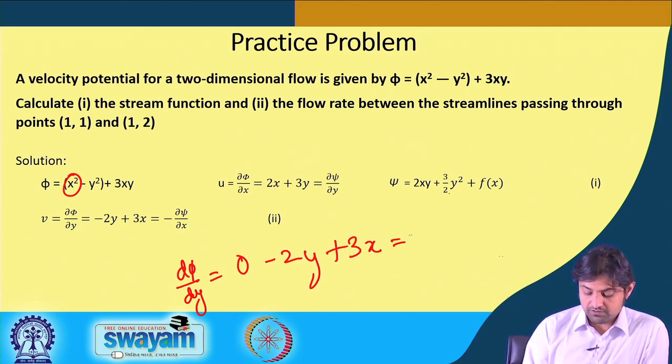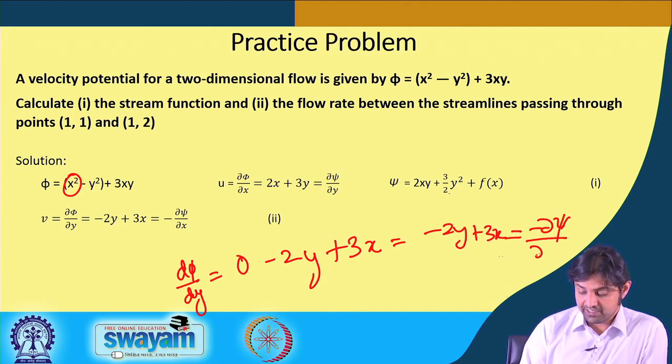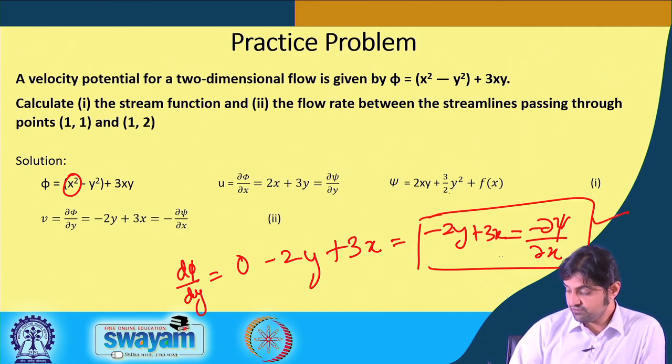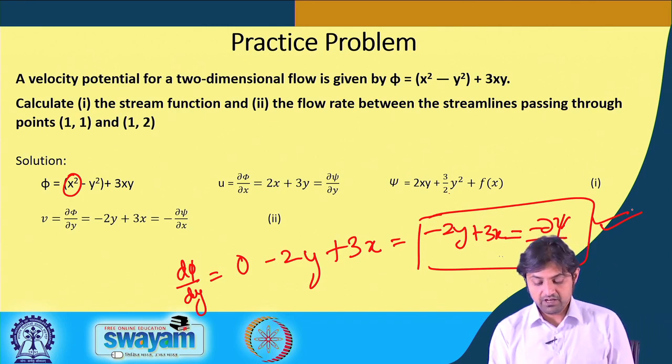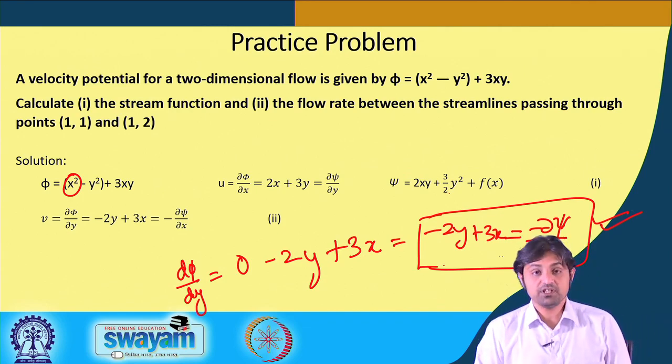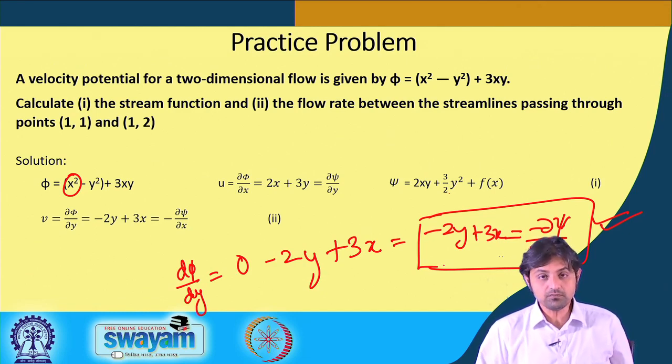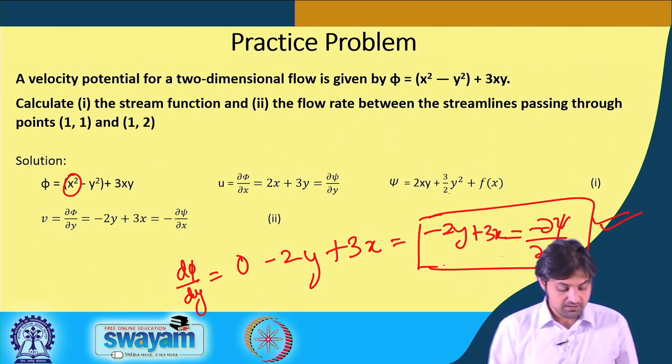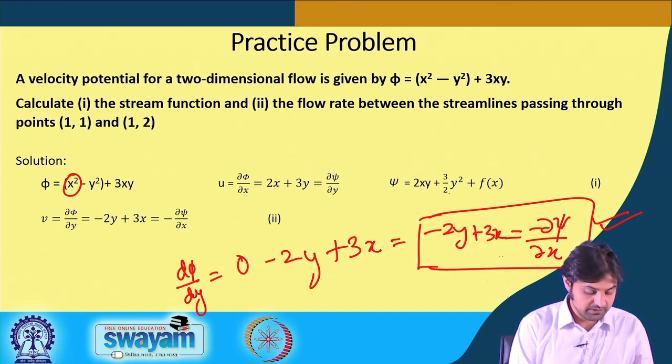This will become minus 2y plus 3x, and this is also equal to minus del psi by del x according to the definition, and when you integrate this equation you will be able to solve again for psi.